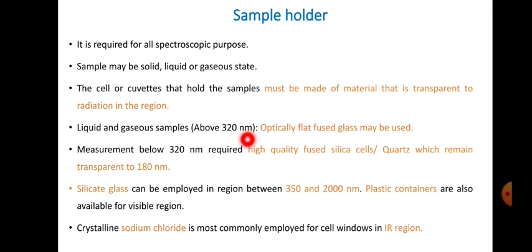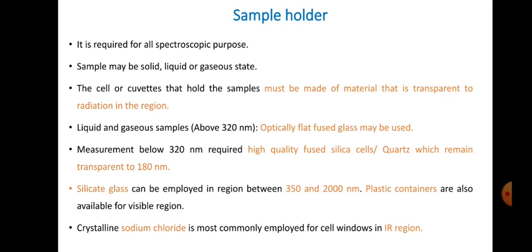Measurements below 320 nanometer require high quality fused silica cells, or we usually prefer quartz material, which remains transparent down to 180 nanometer. So you can cover most of your ultraviolet region, ranging from 320 to 180 nanometer. Silica, fused silica and quartz are preferred for such analysis.